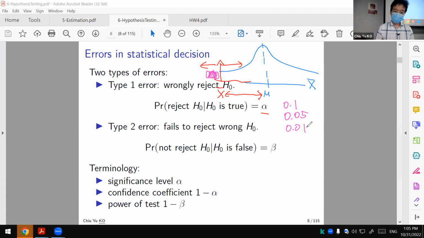The next one is again closer to alpha, okay? It's what we call when you make the wrong decision, you fail to reject the null, okay? What we assume is wrong, but you can't reject it. Just like the guy is guilty, but you set the bar so high that you cannot prosecute, right?